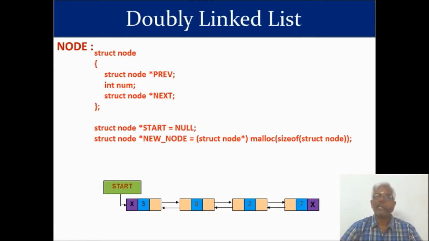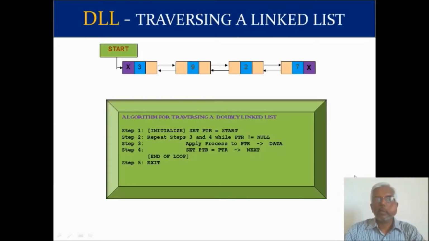Second one is, as usual, the data part, and third one is a pointer which points to the next node. So, this is the structure definition for a node. And as usual, start initially is null, and a new node we can create with the support of the dynamic memory allocation function malloc.